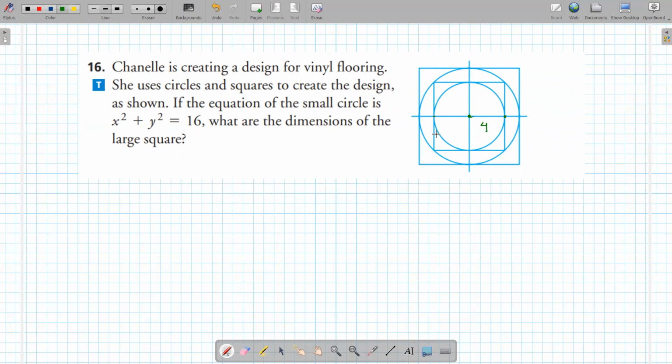Now what can we do using this? We know the dimensions of the small square. This is going to be 8, right? Yeah, it's 8 by 8 for the small square. What's a property of a square? What's the main property?